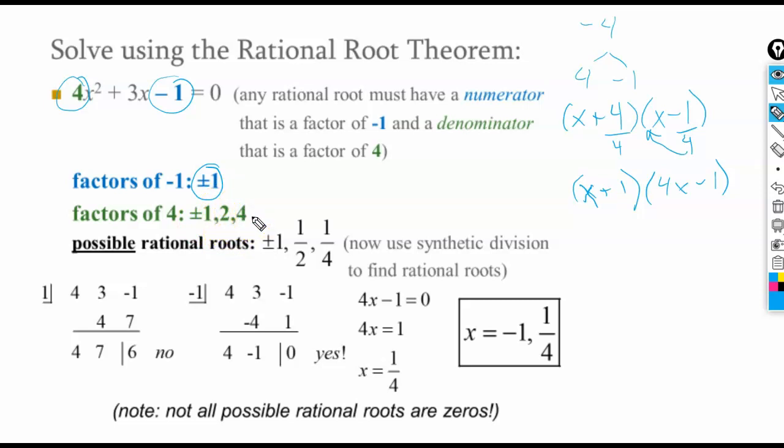So when we think about all the combinations for that, we can have 1 divided by 1, which would be 1, 1 divided by 2, which would be 1/2, and 1 divided by 4, which would be 1/4. And that gives us a list of 6 actual numbers, because remember, it could be 1 or -1, 1/2 or -1/2, 1/4 or -1/4. So that's a list of 6 possibilities.